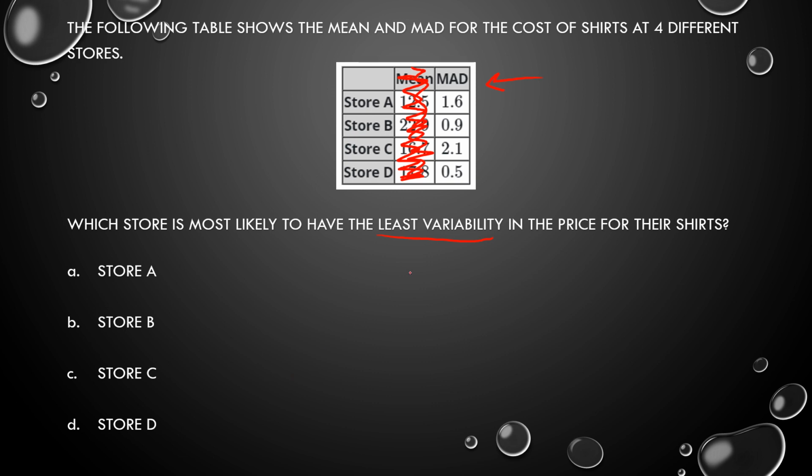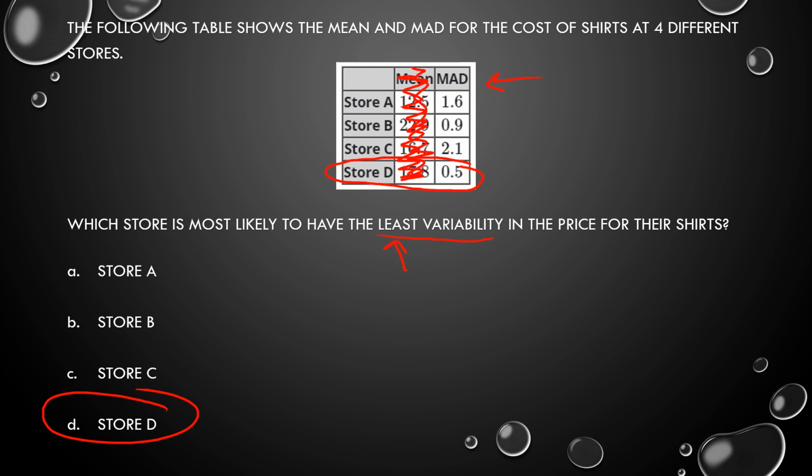And since I'm looking for the least, I'm looking for which one has the smallest. And down here, store D has a mean absolute deviation of 0.5. So store D would have the least variability because it has the smallest mean absolute deviation.